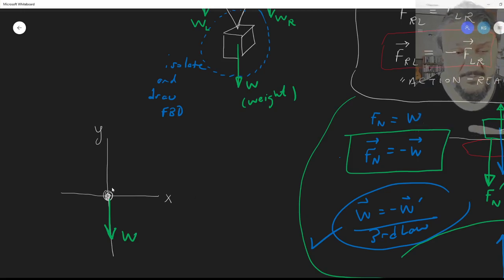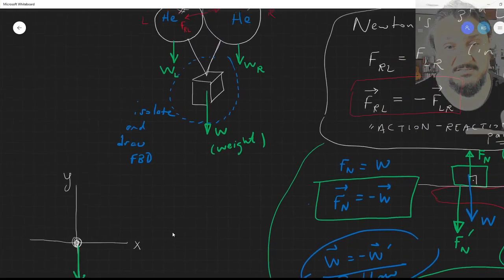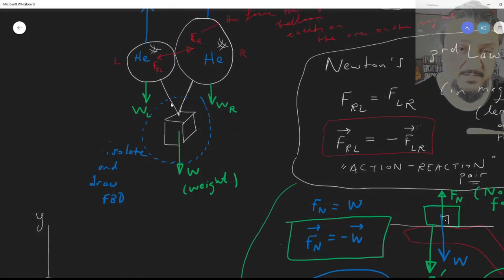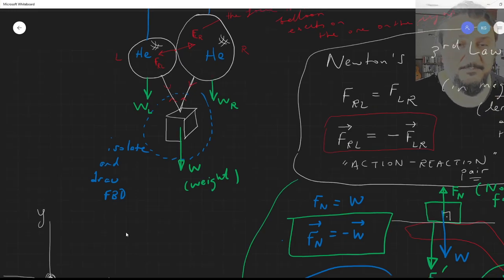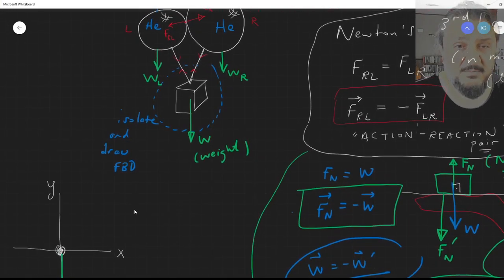Are we done with the free body diagram? No, because there are still forces here which we haven't talked about in this picture, but we talked about before. It's a tension force, right? So let's use red again. The tension forces. Remember those double arrows? Yeah, here they are. But when I'm transferring them to the free body diagram, I only use the ones that are within those dashes.